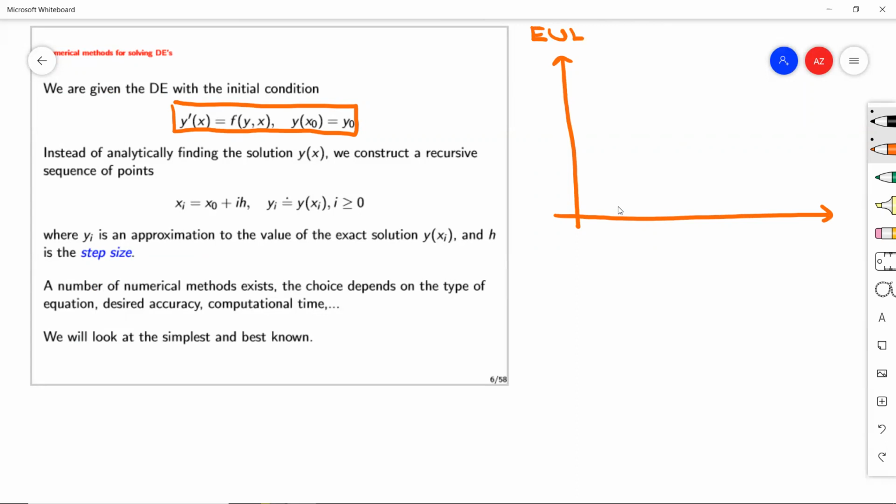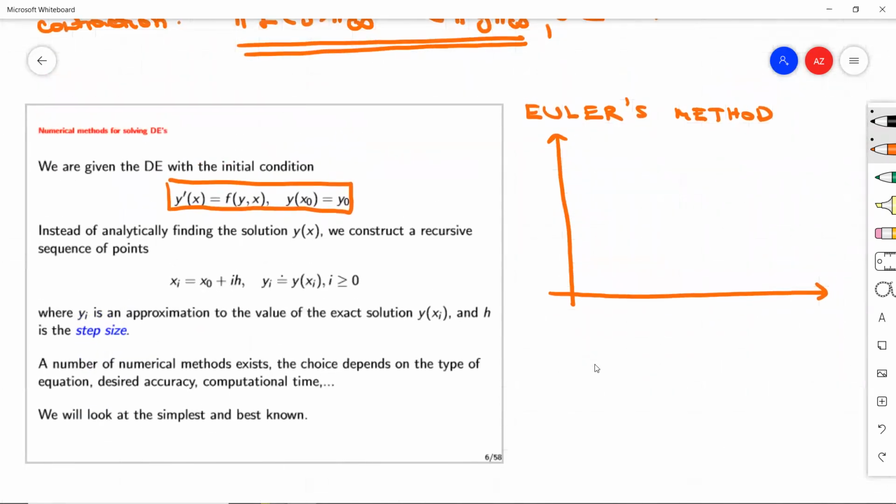I will tell you a little bit more about the error you make using this method. Otherwise, it's really easy to implement. And then we will generalize it to the more well-known, more used Runge-Kutta method.